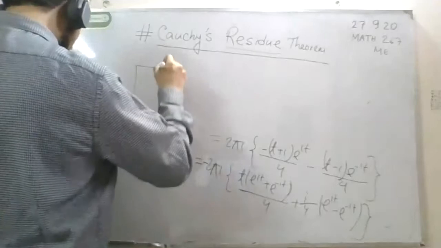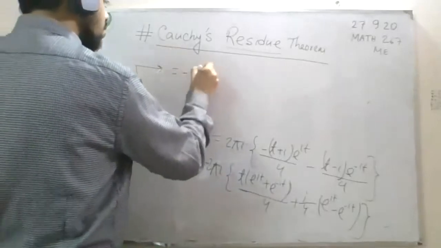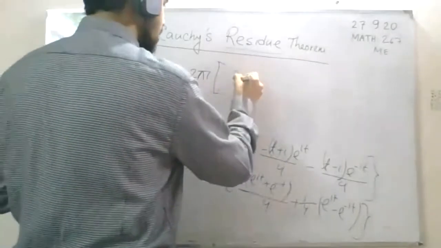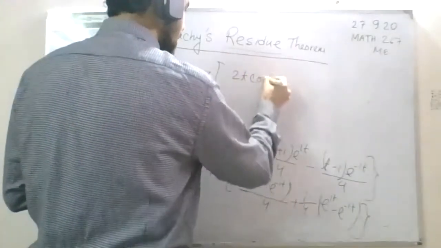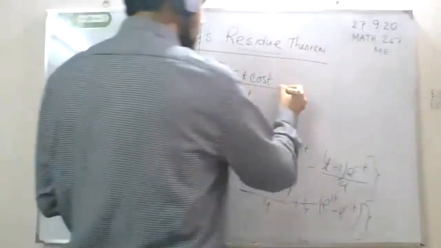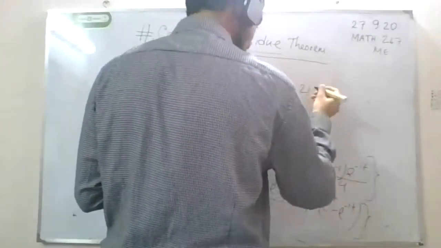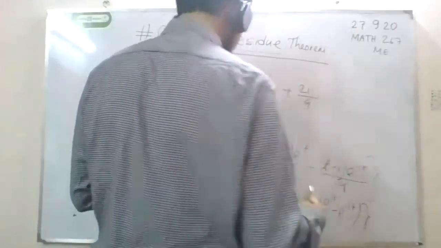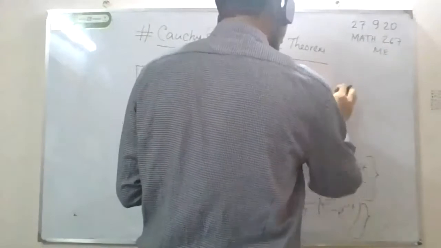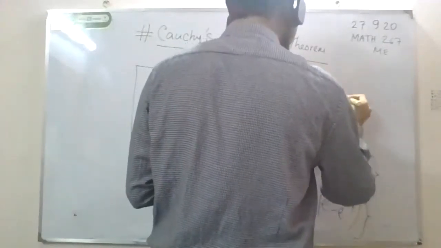Okay, and after that you can say minus 2 pi I, also this can be 2t cos t divided by 4, and also here 2I by 4 sine t.